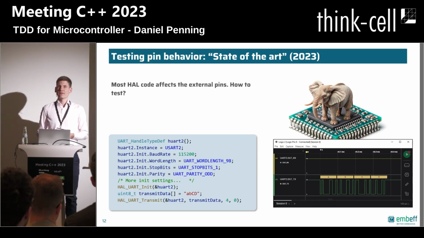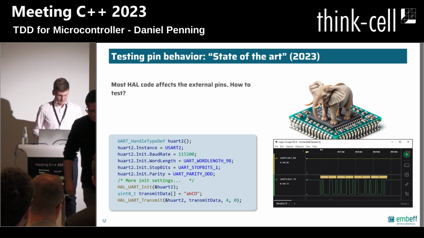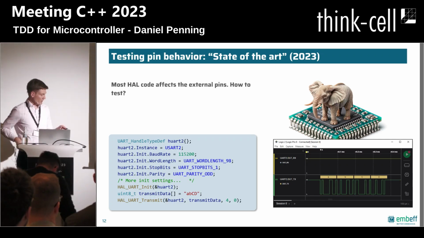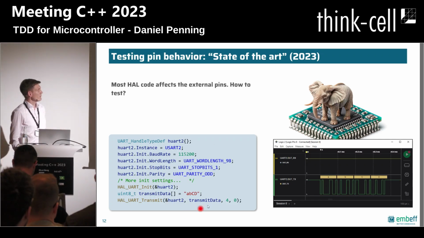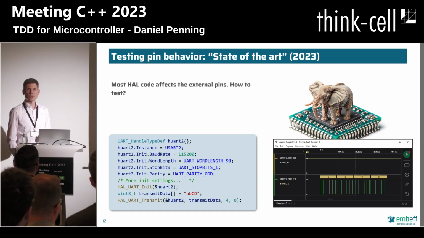How can we test this behavior? I mean, how can we test this piece of code here? Its purpose is to send 4 bytes on the UART. And it's using the HAL library from ST, called CubeMX.